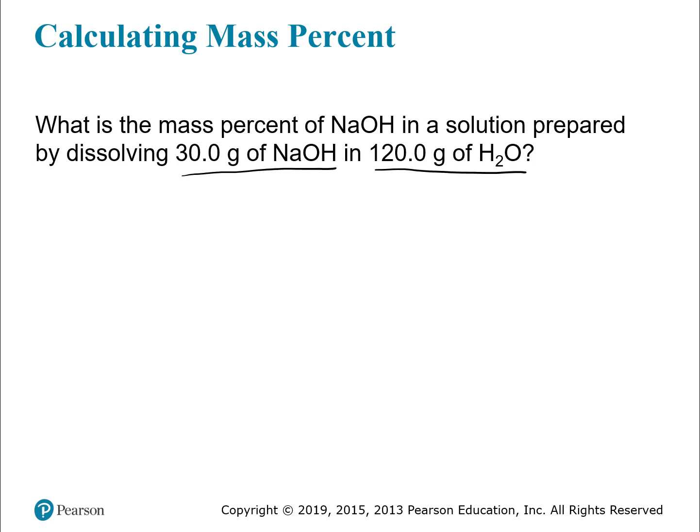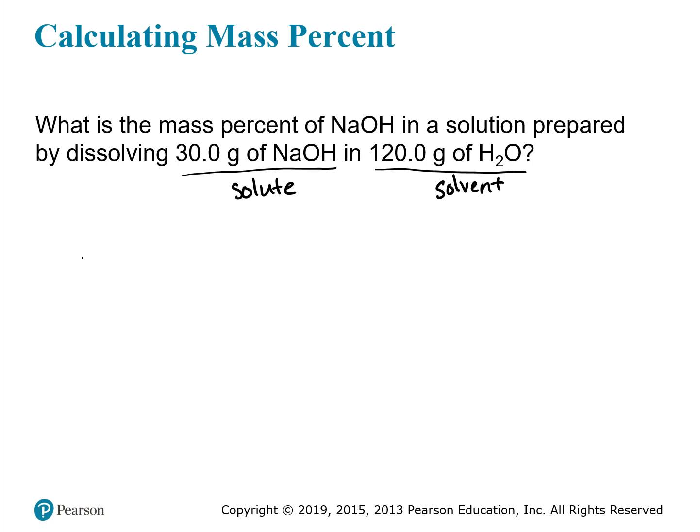Generally speaking, you see that, you know that that's the solvent. But as good practice, you should just identify which one is the solute and which one is the solvent. That way, when you're doing your calculation, you won't get it switched. You want to make sure you put the right number in the numerator.